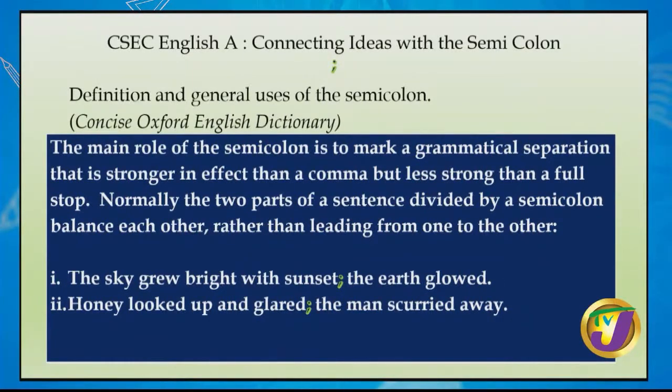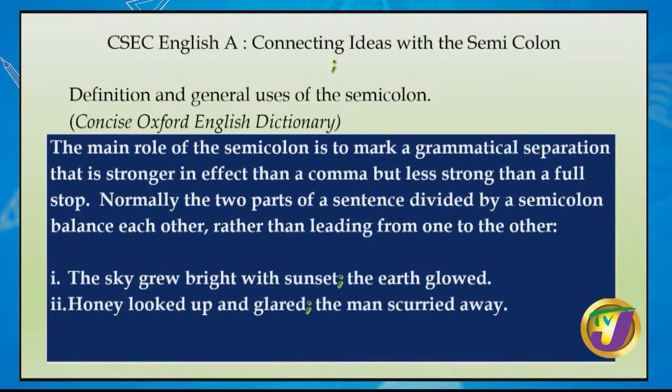Now, I read that and it is not helping me a lot. And I know sometimes you're confused. It does not actually give you something functional to work with. So let's continue. Normally, the two parts of a sentence divided by a semicolon balance each other. All right, now we are getting on to more understanding. Balance, match each other rather than leading from one to the other.